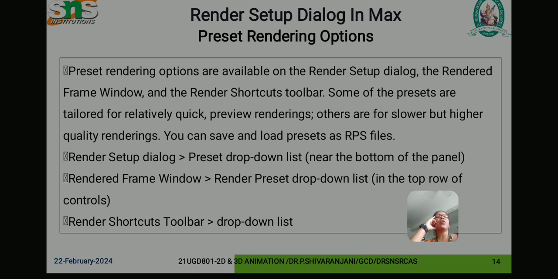You can save and load presets as RPS files. These are the Render Setup dialog Preset drop-down list and the Preset button of the panels, the Rendered Frame window Render Preset drop-down list at the top row of controls, and the Render Shortcuts toolbar drop-down list.